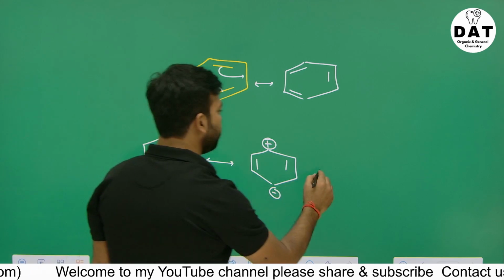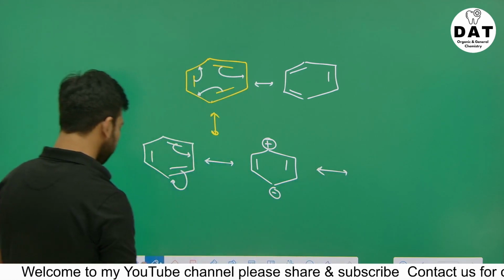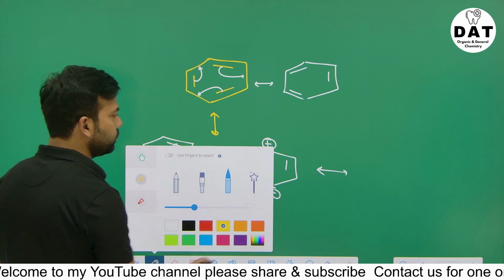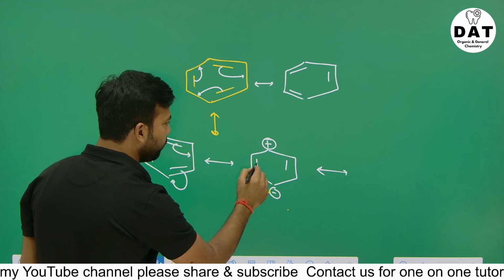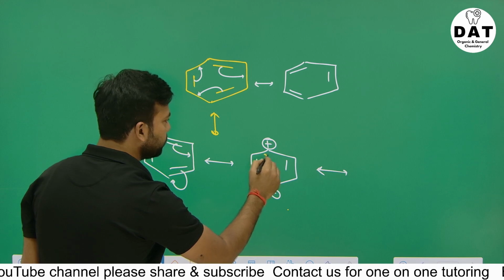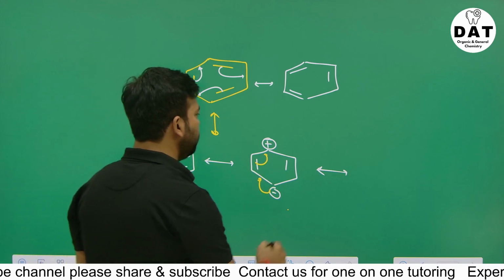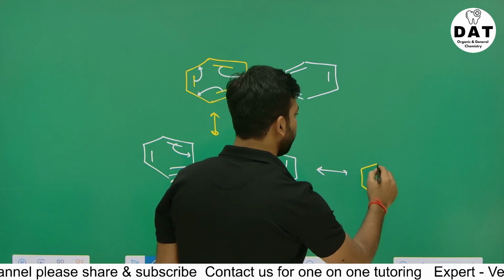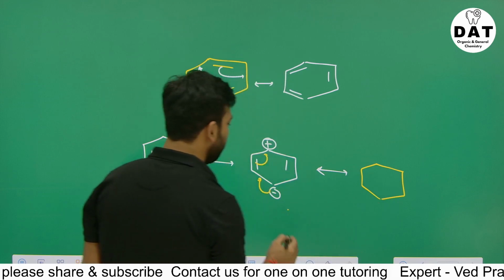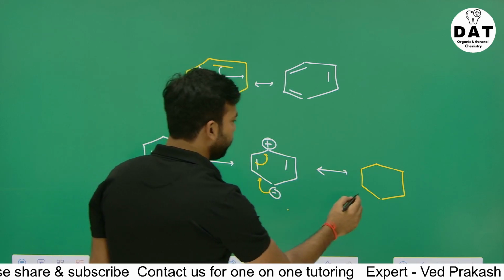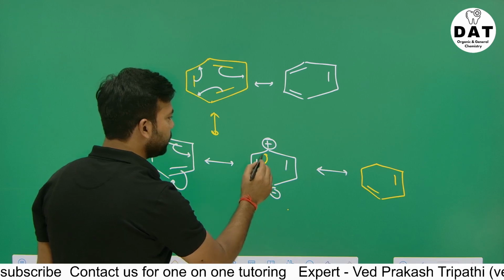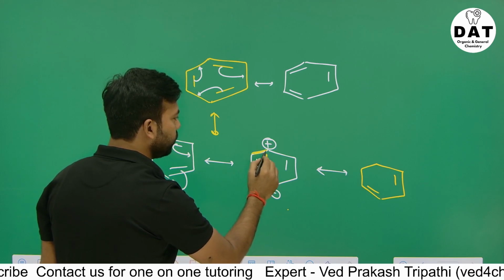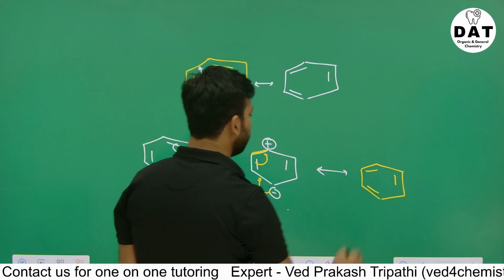In the next step, look at the movement. This negative donates here and this bond will break like this. Clear? So there is a double bond. And you can see this negative, this bond has arrow, so a double bond. Make sense?